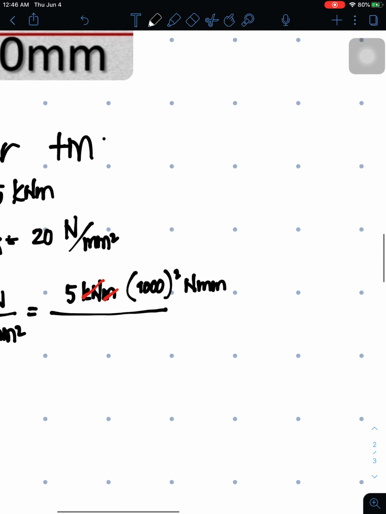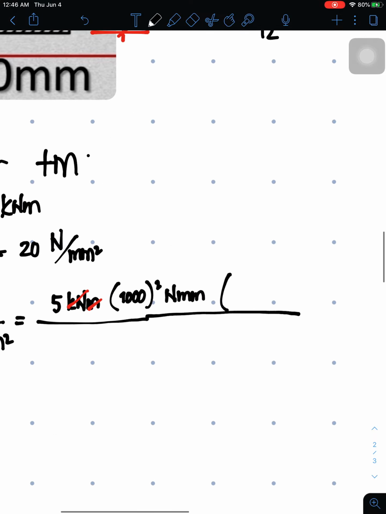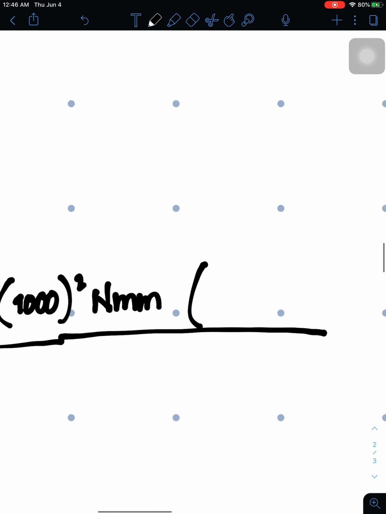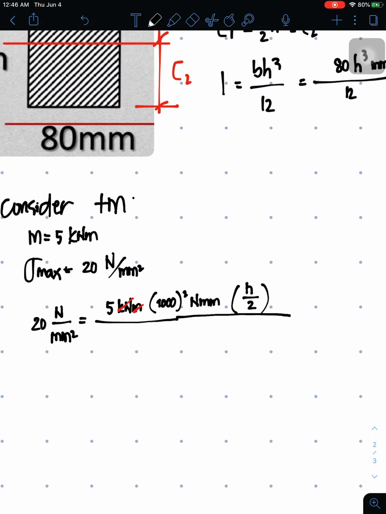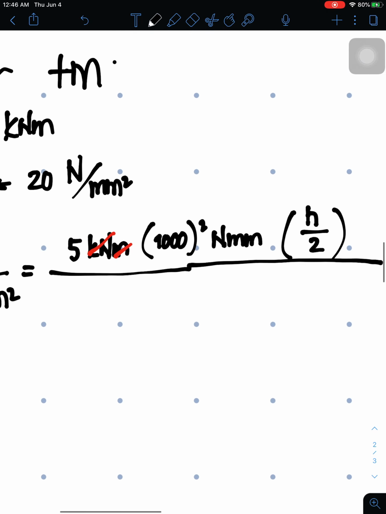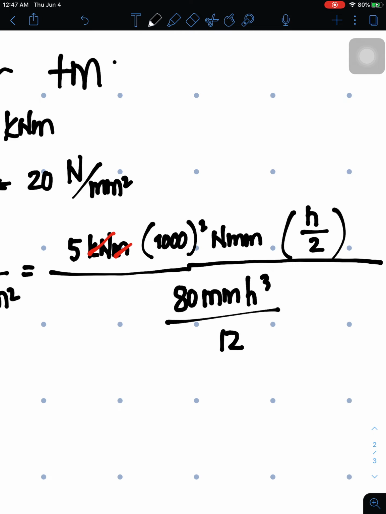And then continue. C here is H over 2, or 1/2 of H. And for our I, it's 80 H cubed over 12.